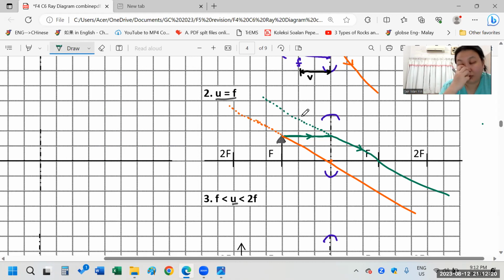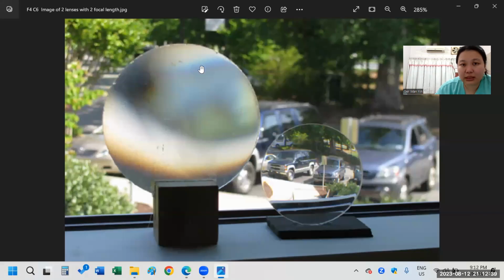Then when you extrapolate, you'll find out they still cannot intersect. So it means the image will form at infinity, which means that this image is blur.